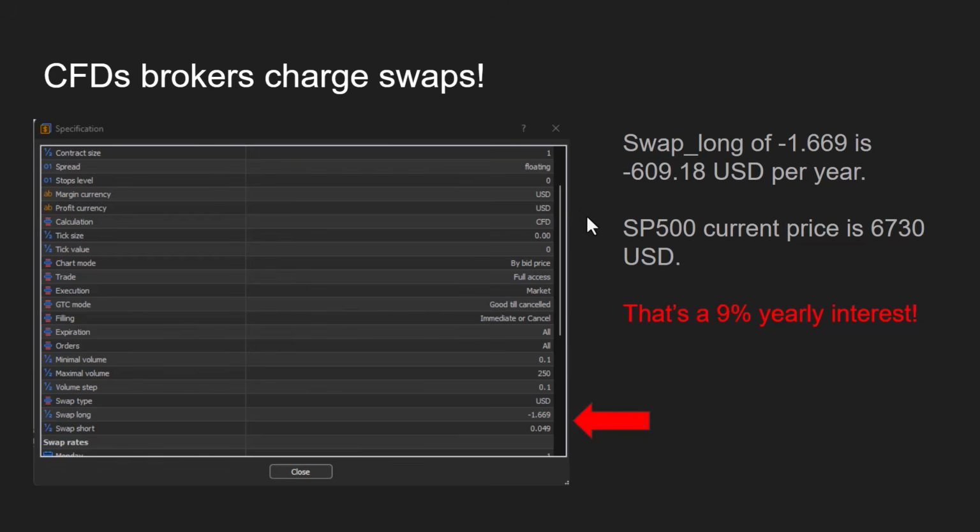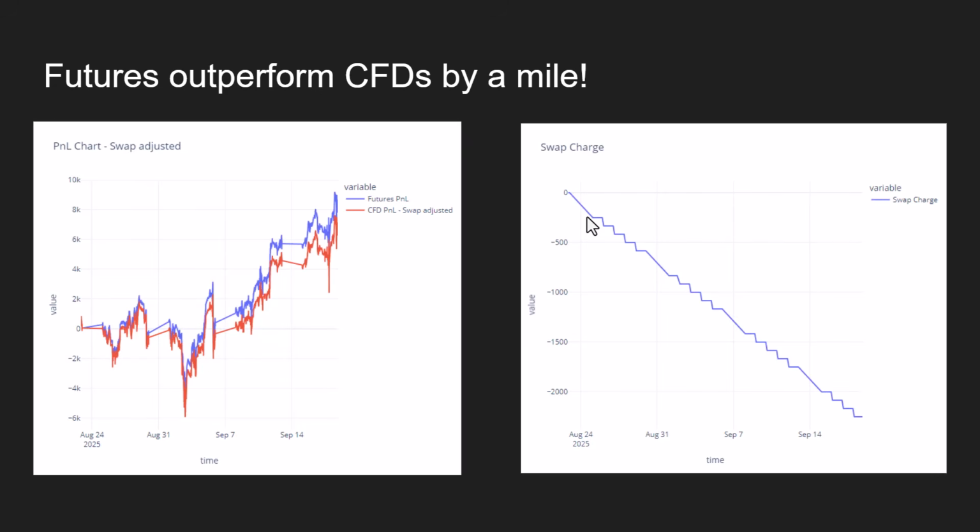And that is the sad truth of CFD trading, that the swaps are too high to actually swing trade or hold an investment long term. So if we apply the mathematics with the swaps, now we are deducting profits from the CFD curve by subtracting the swaps.